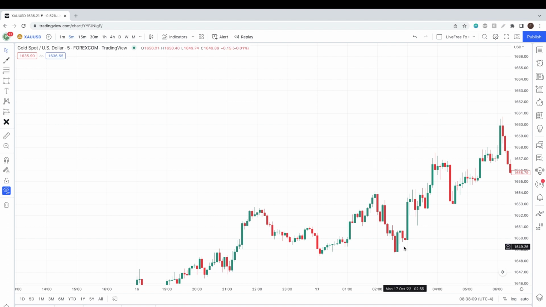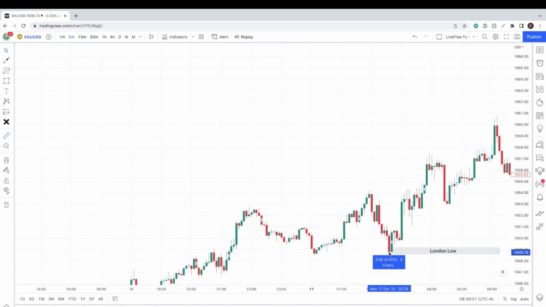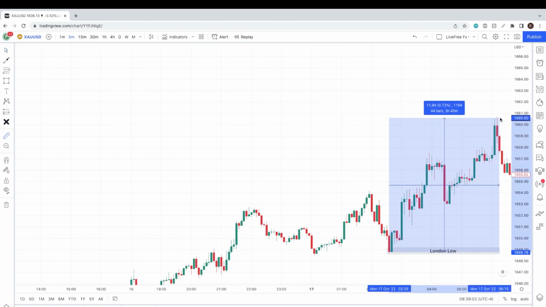The next major thing that you want to take a look at is what happened during the London session. The London session will give you an additional confluence in terms of bias for the day. So taking a look at this here, we can see the London low, which is the lowest point in the London session, and the market rallied all the way up here till about 6:20.